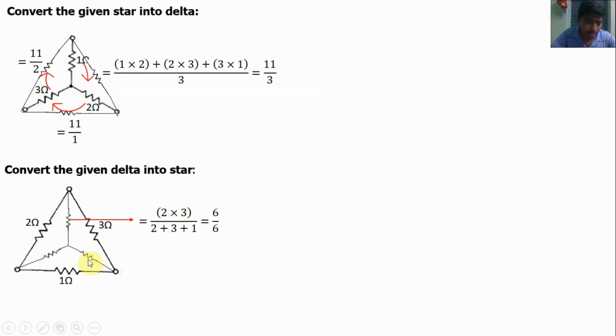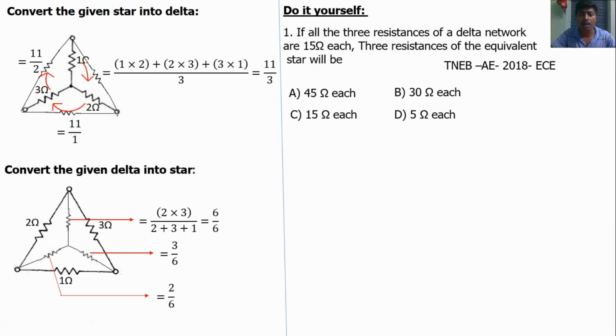For the next resistance, 1 ohm and 3 ohm are connected to this star terminal, so 1 into 3 is 3, so 3 by 6. For the last resistance, 2 ohm and 1 ohm are connected to this terminal, so 2 by the sum of resistances, 2 by 6. Very easy.